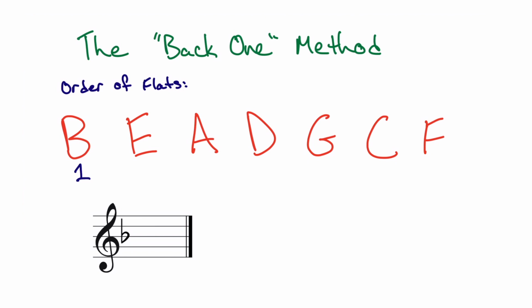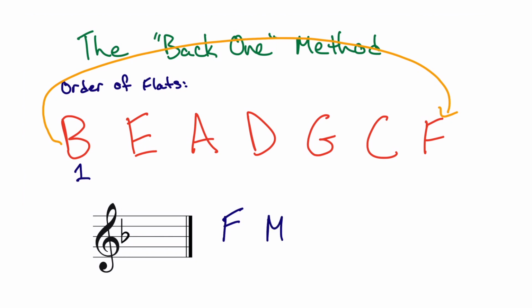But now we're in an interesting situation where if we go back 1, we actually wrap around to the end. So this is the key of F major. Notice I didn't add a flat here because it's a little extra where you have to go all the way back around to find the name of the key. We are not going to flatter the key. Doesn't deserve to be flattered because it was extra. So F major is the name of the key, no flattering.